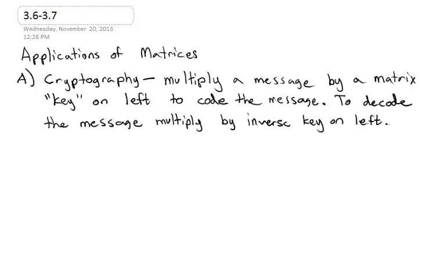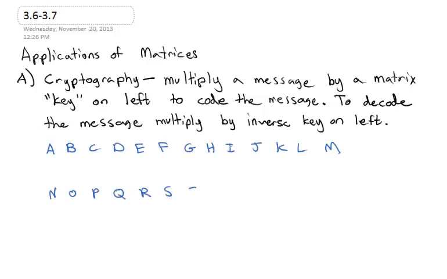First, every letter needs to be converted into a number. You can do this all sorts of ways. For the sake of the cryptography, we're going to do a really basic code where we list the letters A, B, C, D, E, F, G, H, I, J, K, L, M, N, O, P, Q, R, S, T, U, V, W, X, Y, and Z, and assign the numbers 1 through 26 to each letter.